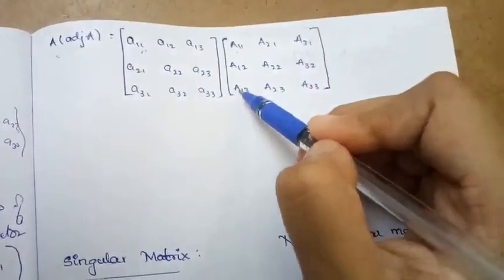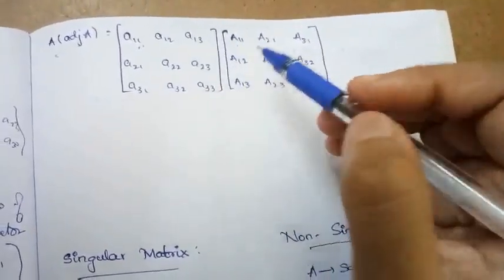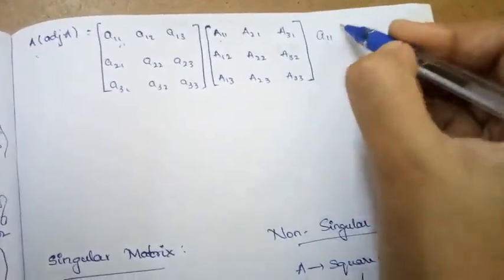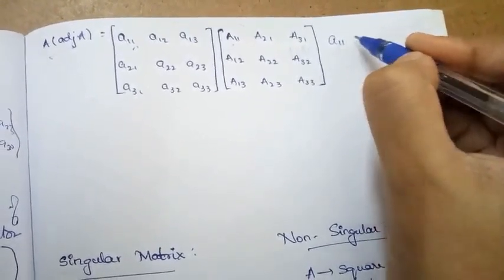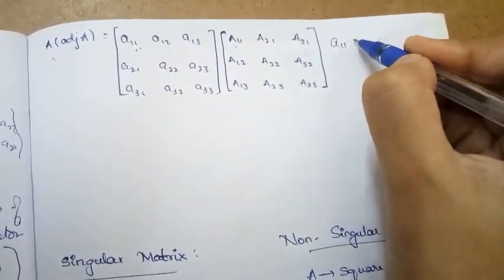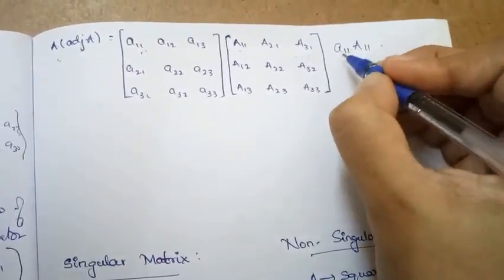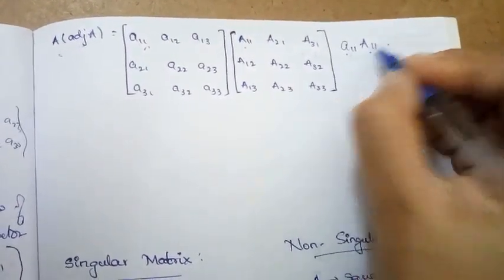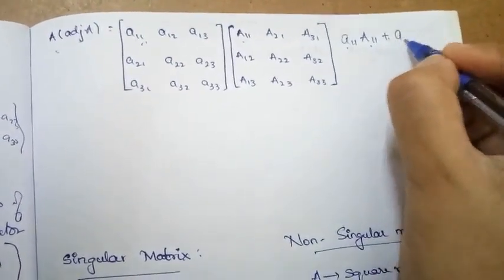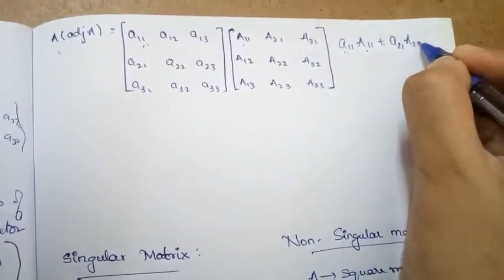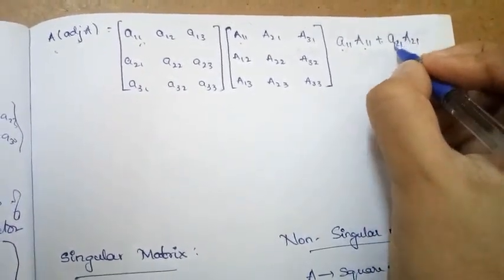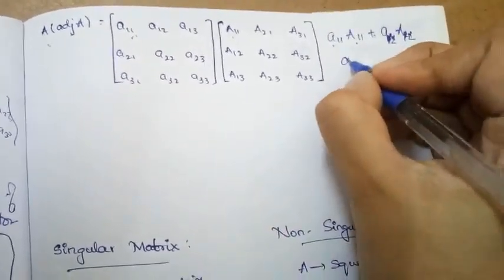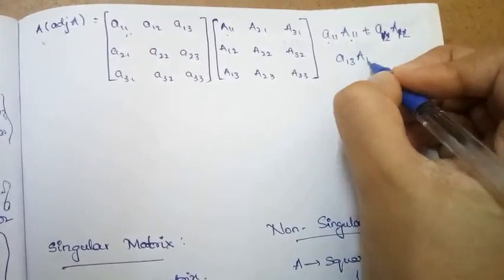As I said earlier, if we sum up the products of the first row elements with the cofactors of the first row elements, then their sum is nothing but the determinant A. That is, the first element is multiplied with the cofactor of that element itself, and the second element of the first row is multiplied with its own cofactor, a11, a12 and a13 into a13.